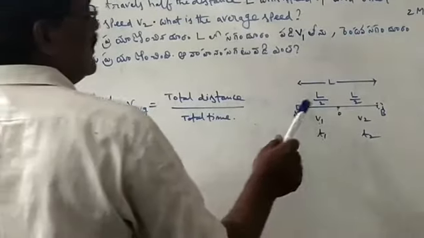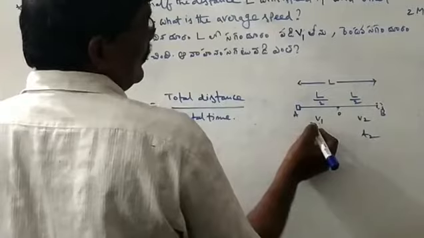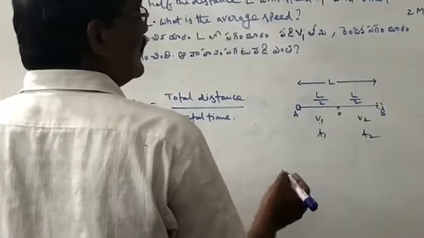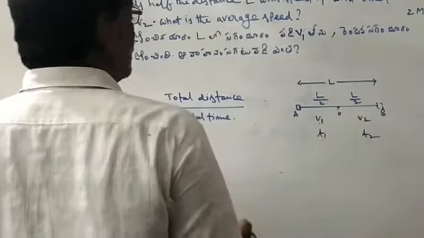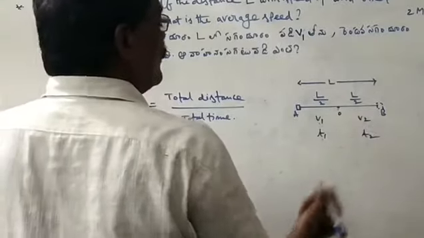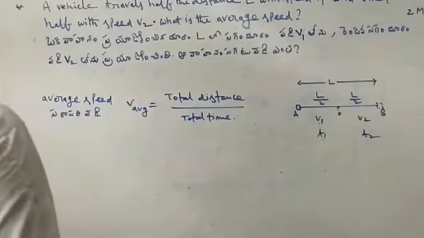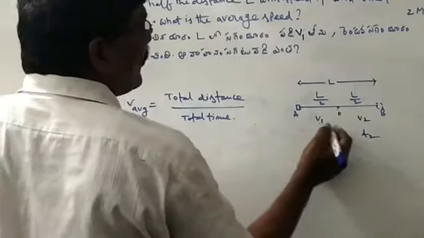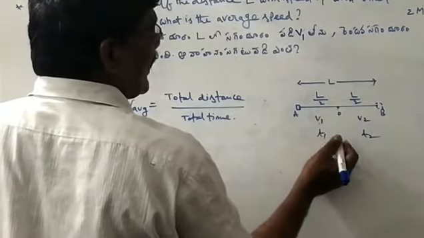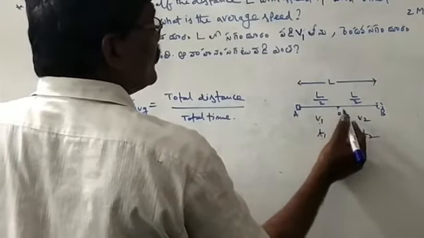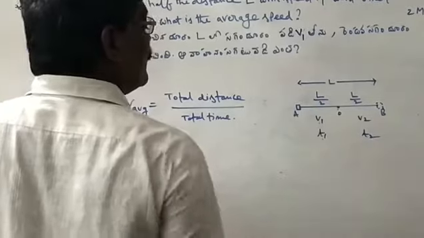First half of the distance moves with velocity v1. Second half of the distance moves with velocity v2. Time taken for the first half of the distance is t1 seconds. Time taken for the second half of the distance is t2.